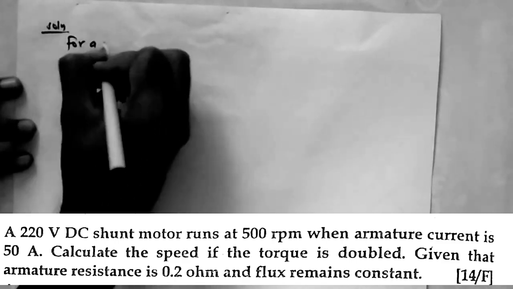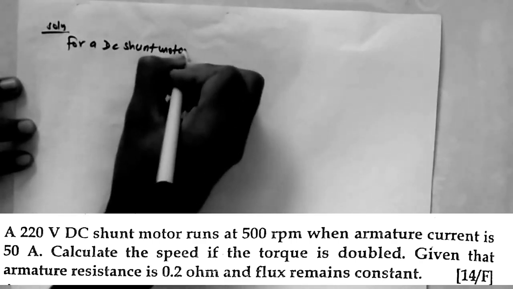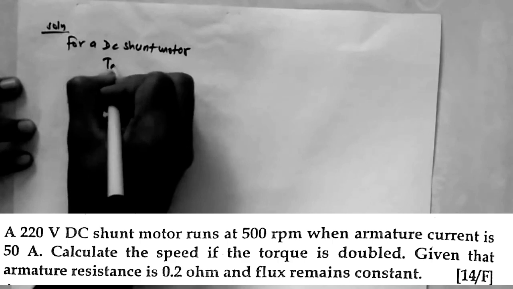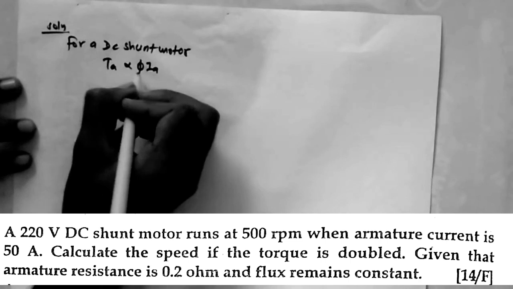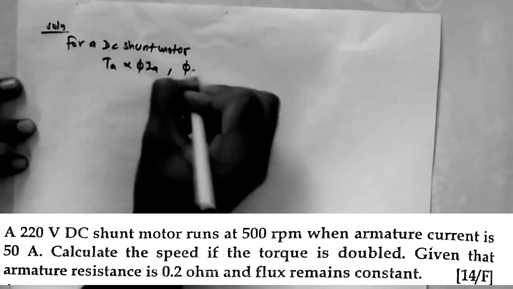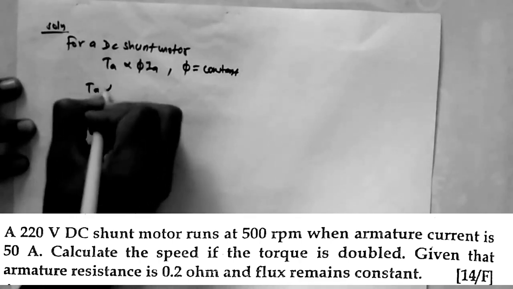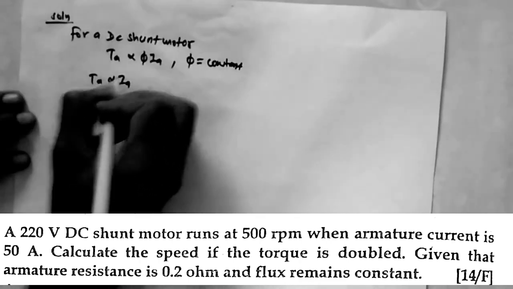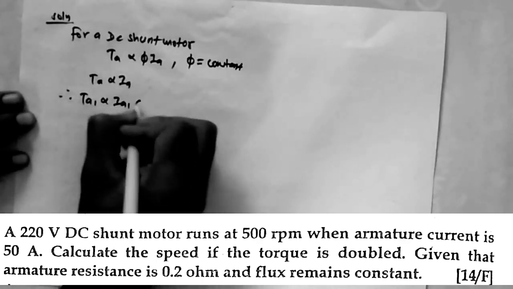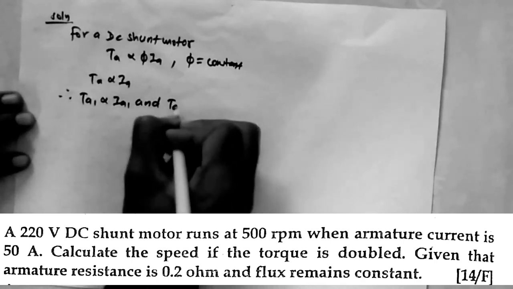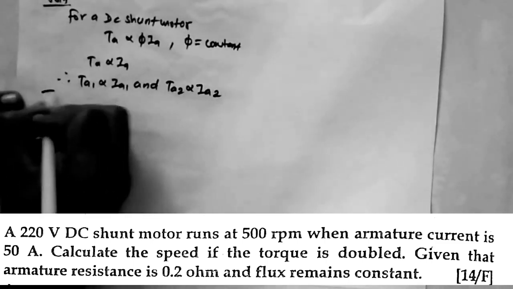So for a DC shunt motor, the torque Ta varies as phi into Ia. Here since phi is constant, we can write Ta varies as Ia, and therefore Ta1 varies as Ia1 and Ta2 varies as Ia2.